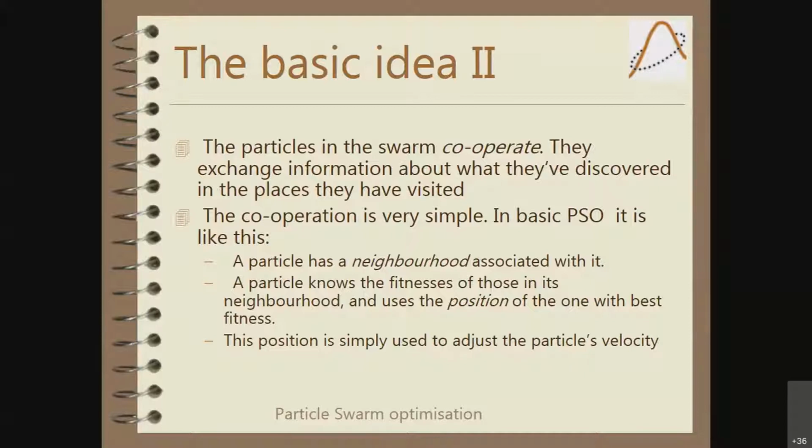Since the particles are communicating with each other, each particle knows what is the best of the fellow particle or the neighborhood particle, right? And this is known as the fitness. So in any objective function optimization problem, the fitness is a key.